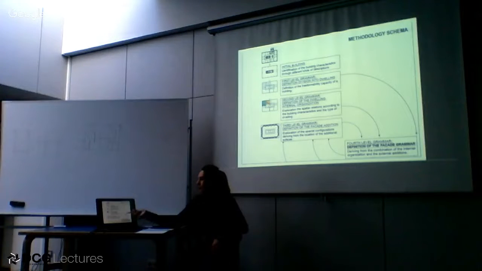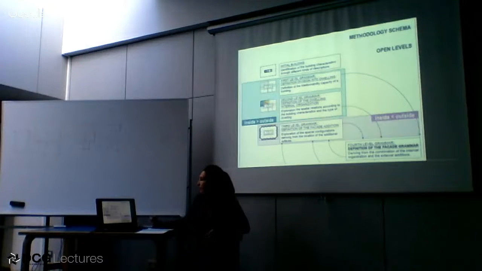Because the final aim, the final result that I'm looking for, in reality, is the definition of the facade grammar. So by understanding the internal organization and the external addition that I will introduce, I will see which kind of facade grammar will be generated for my building.